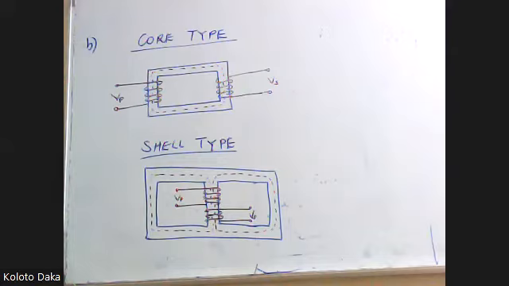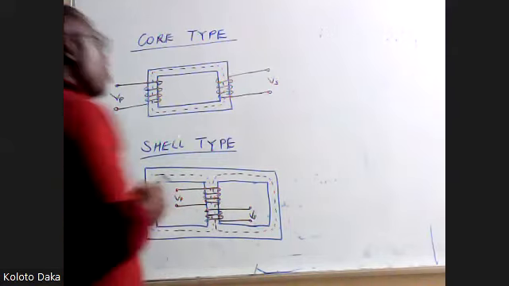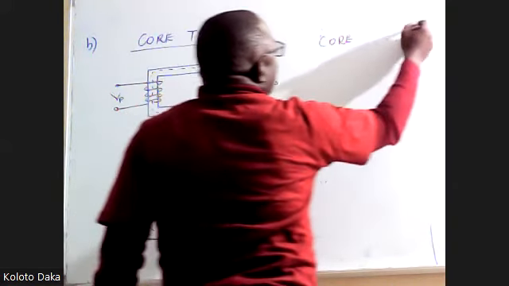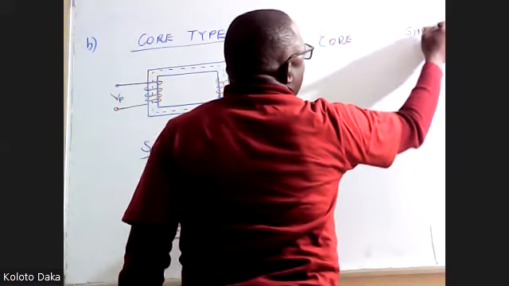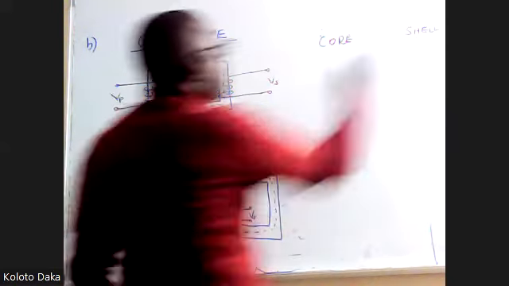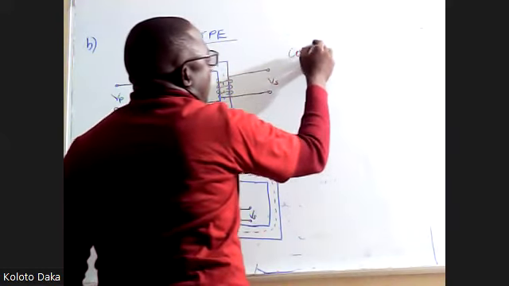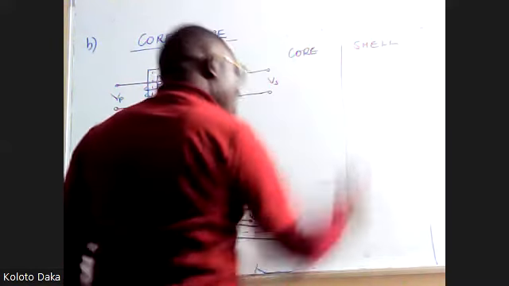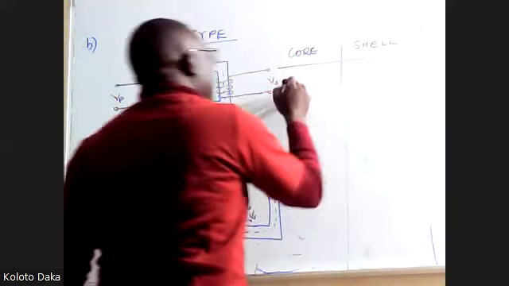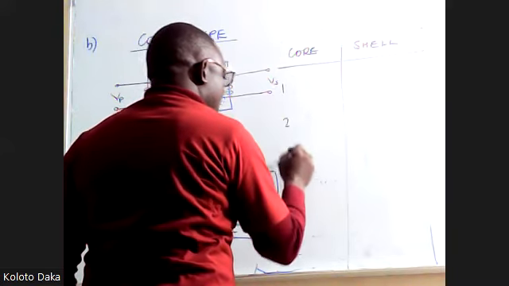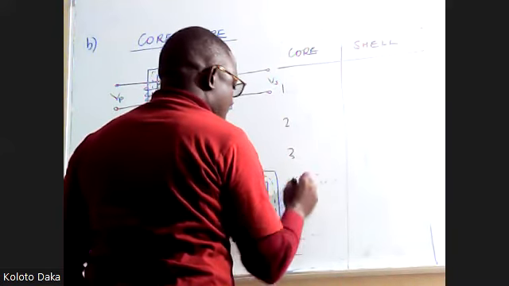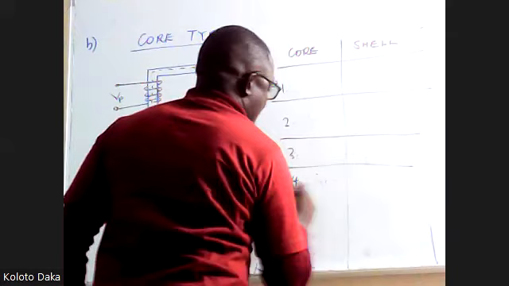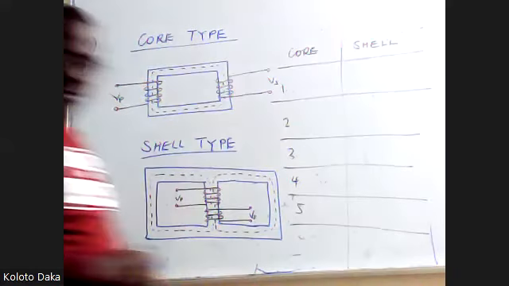But the question said in tabular form, in a table form. So we are supposed to say core and shell, and we are supposed to list the 5 differences.